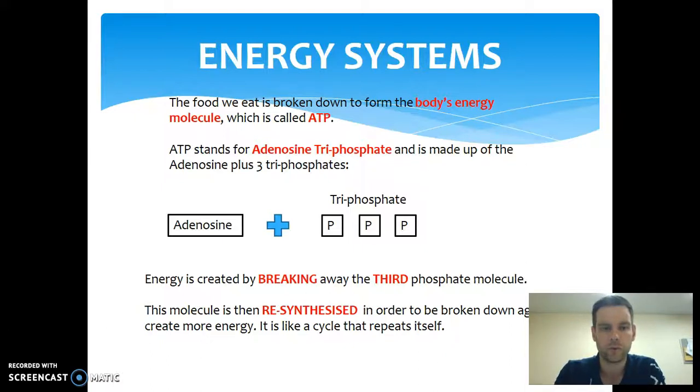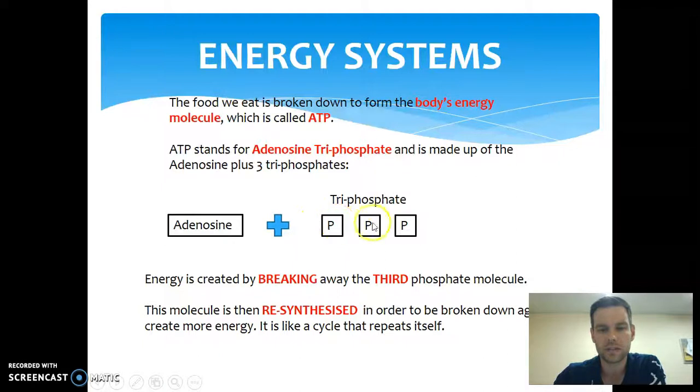We spoke about before, the food that we eat is broken down to form the body's energy molecule, which is what we call ATP. ATP stands for adenosine triphosphate. Essentially what we've got here is an adenosine molecule plus 3 phosphate molecules. Now these are all joined together, as you'll see in the next slide. Where we get our energy from is by breaking away this last, or third, phosphate bond.